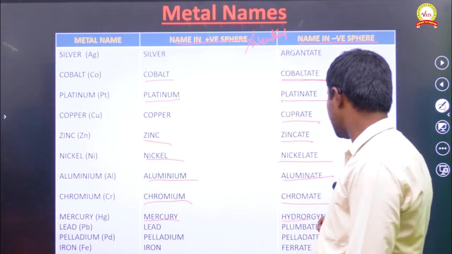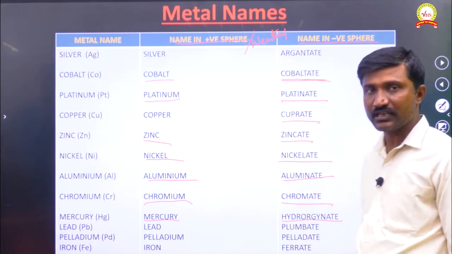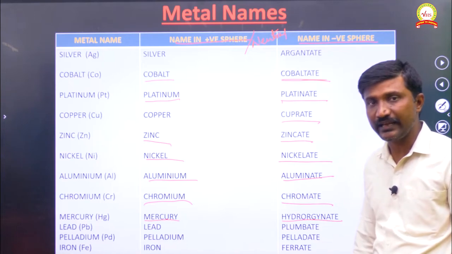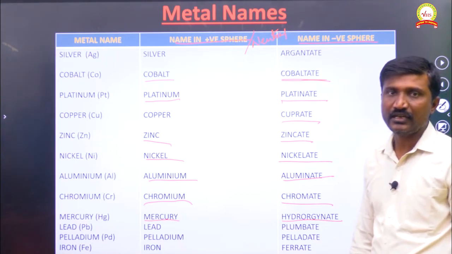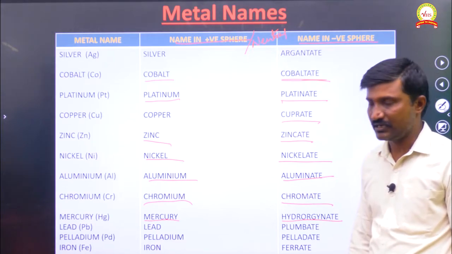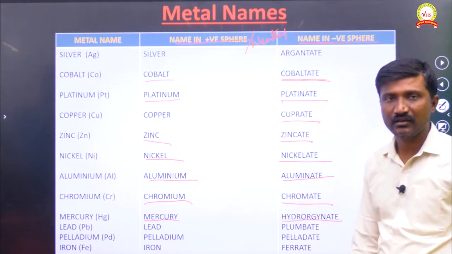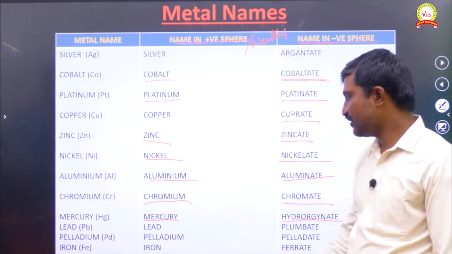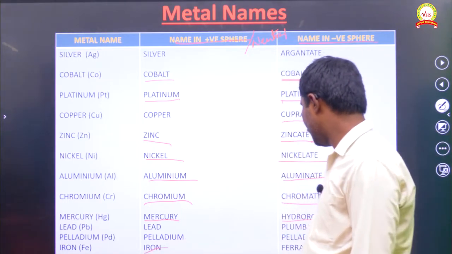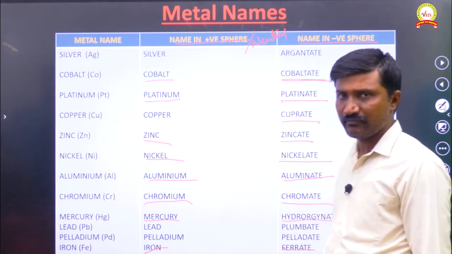Mercury, mercurate. For a few central metal atoms we give the name in the Latin word, not for all metal atoms, just a few, like silver, mercury, sodium. So, if iron is there, ferrate, which is also a Latin name.